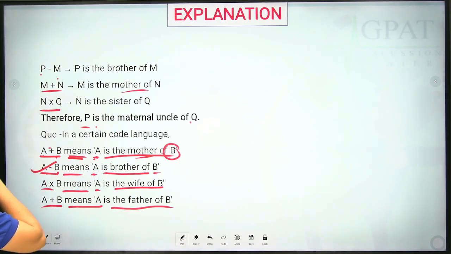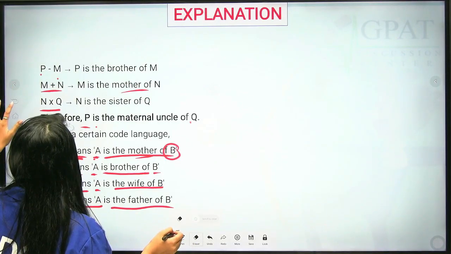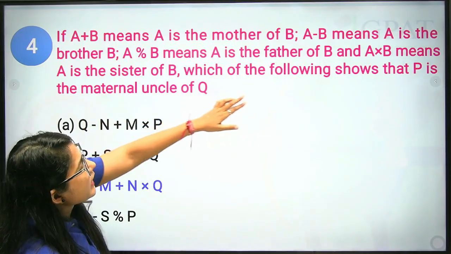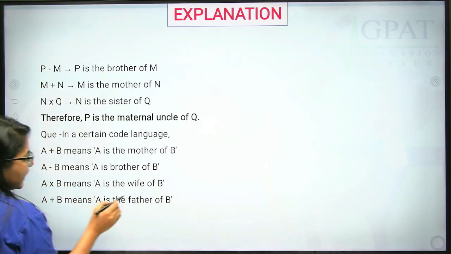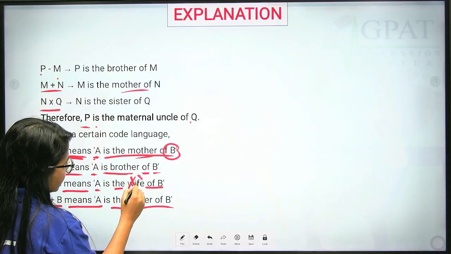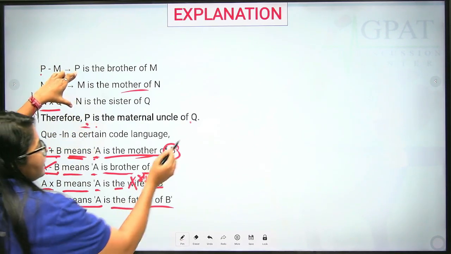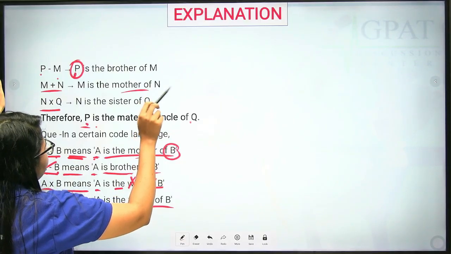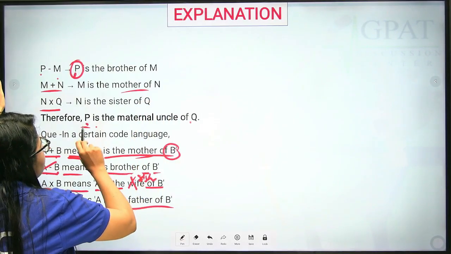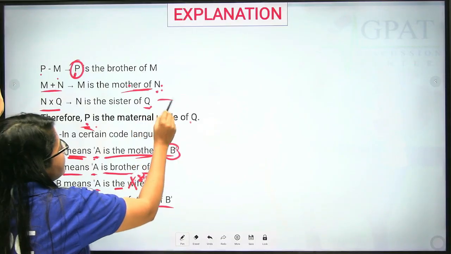Clear? Next we have N into Q, so N is the sister of Q. In the question also you can see it is written A into B means A is the sister of B. This is written wrong as wife; it will be the sister of B. So N into Q: N is the sister of Q. Therefore P is the brother of your mother.